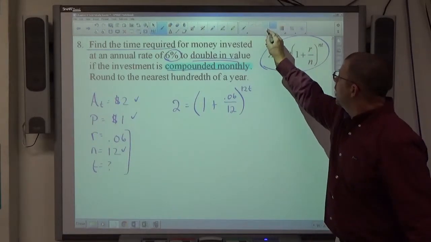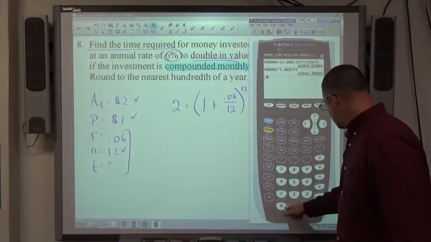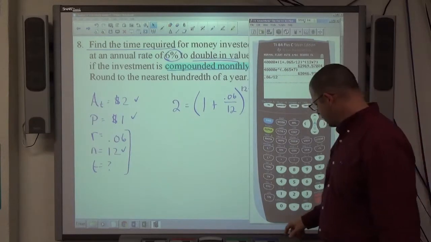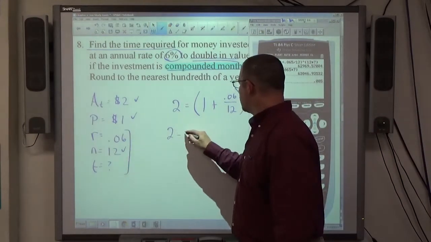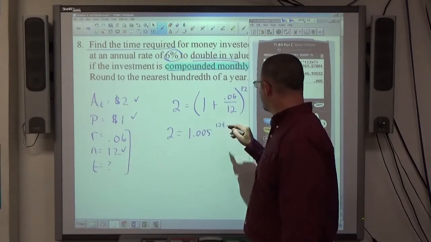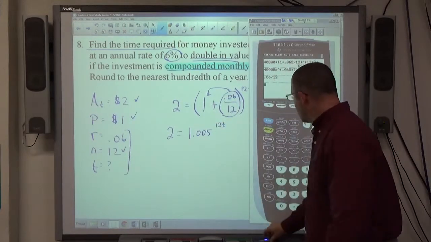Next thing I would do, 0.06 over 12 is nice and friendly, isn't it? 0.06 divided by 12 is 0.005. So we get 2 equals 1.005 to the 12t power. Again, that's 0.005 added to 1, which makes that.